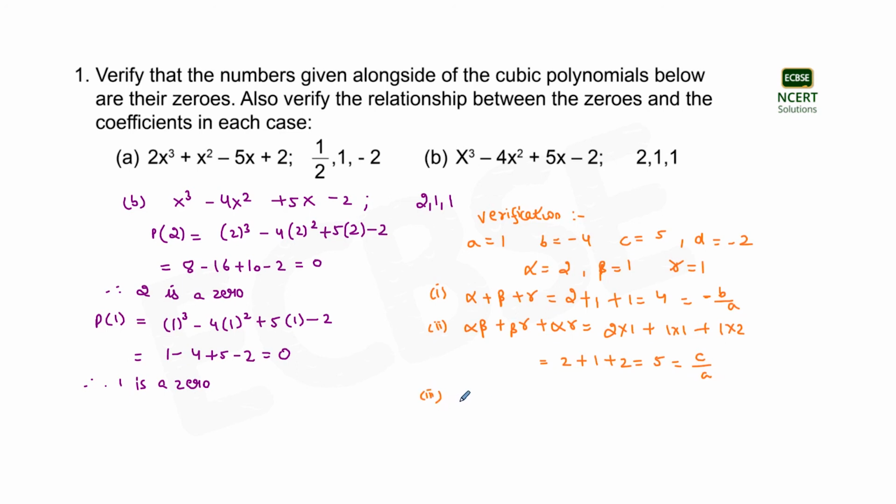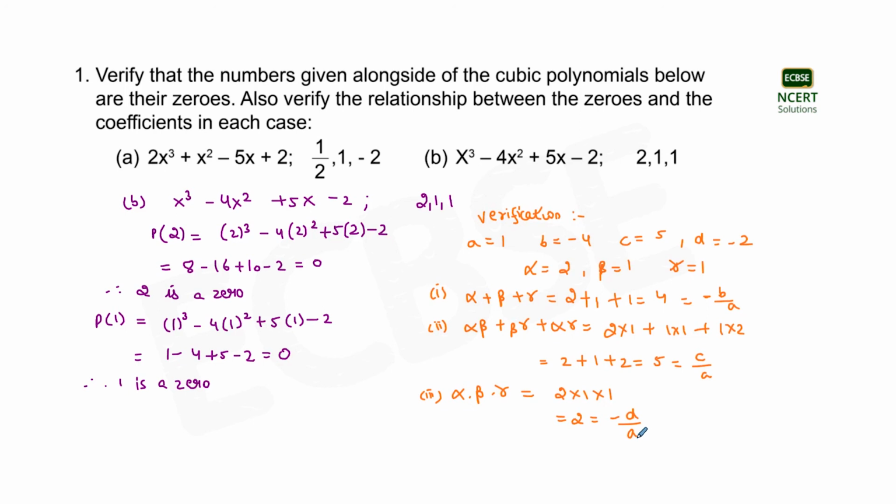Now coming to the third relation, that is the product of alpha into beta into gamma, which comes out to be equal to 2 into 1 into 1, which is equal to 2, which can be written in the form minus d over a. It has also been satisfied, as we are able to write the relation alpha into beta into gamma in the form minus d over a.